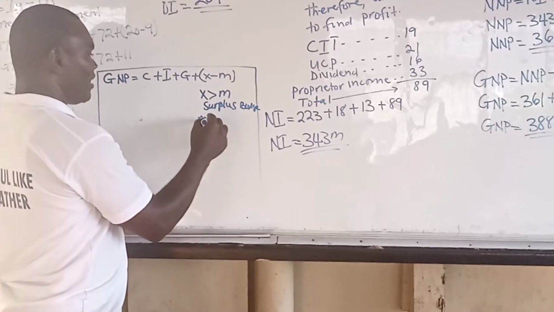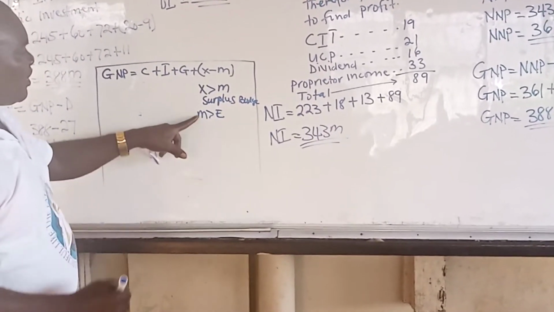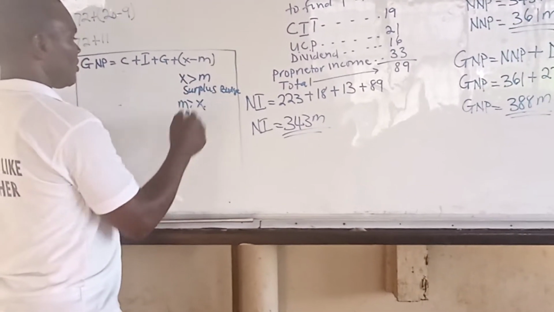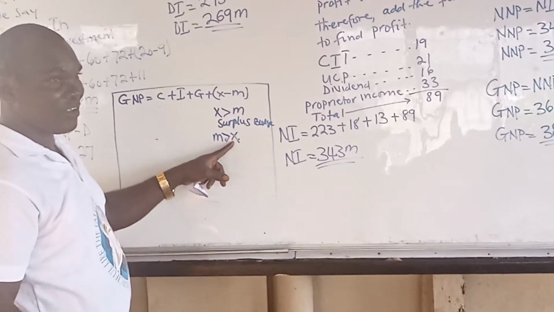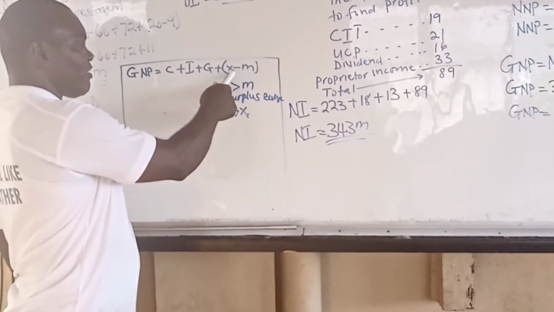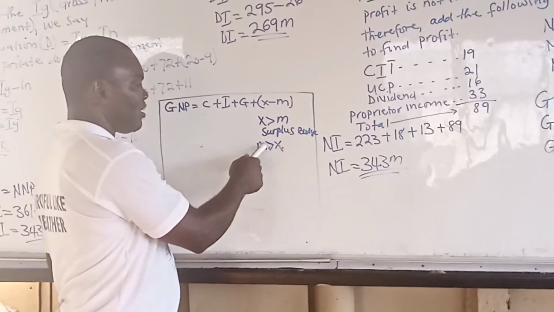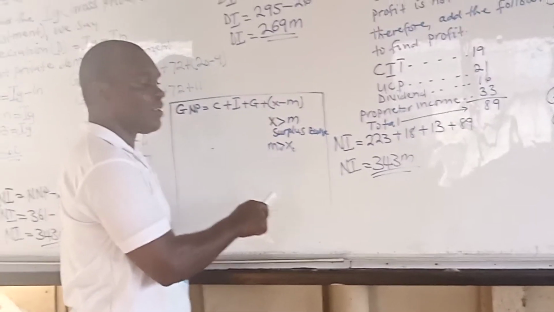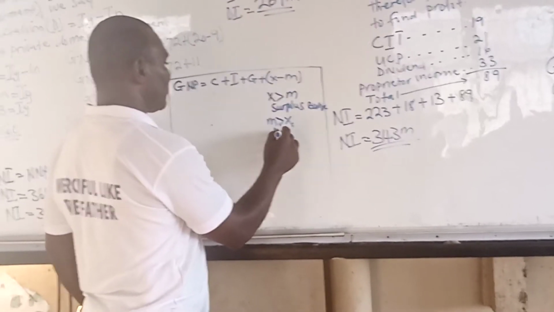But when import is greater than export, we consider this a deficit budget. Meaning it ends in negative. Whenever import is greater than export, it ends in negative, and whenever it ends in negative, we consider it a deficit budget, or budget deficit.